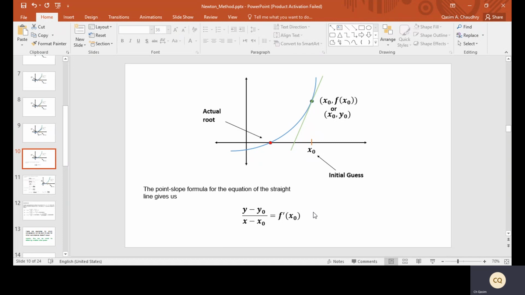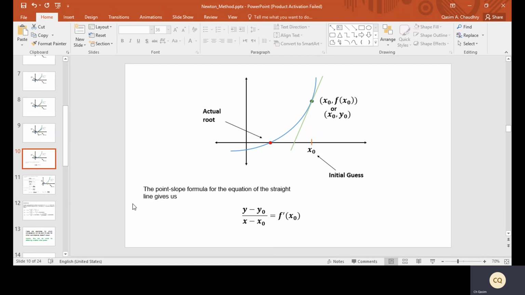Since we have 1 point given, the point at which we are going to find the slope or the tangent, this is the equation. This is the formula for the slope, and slope is the derivative. So that is (y minus y naught) over (x minus x naught). So students, this was your first step.